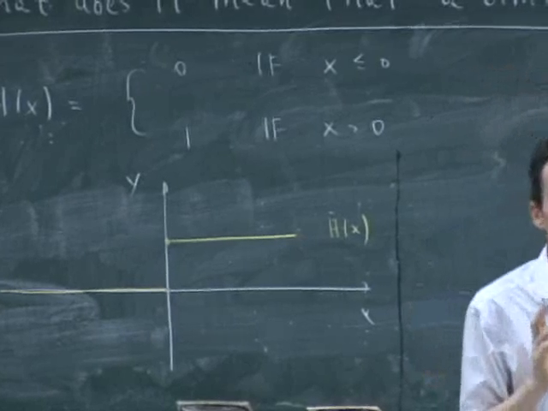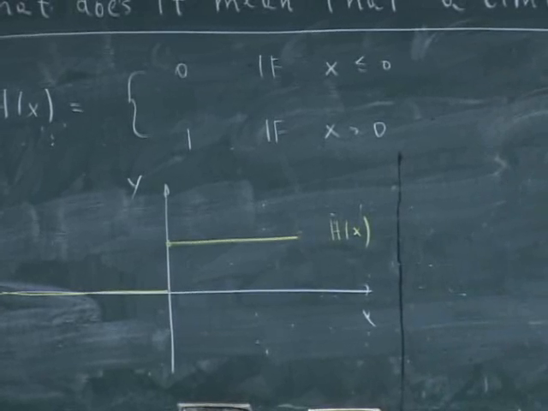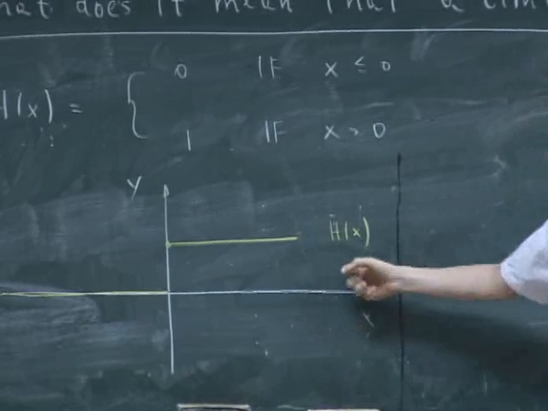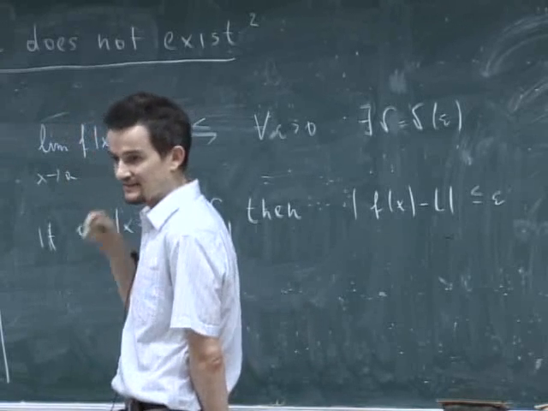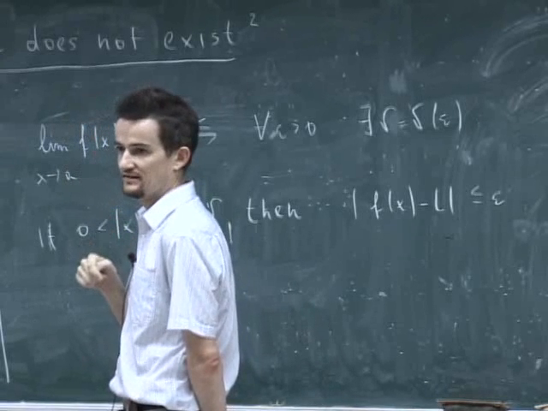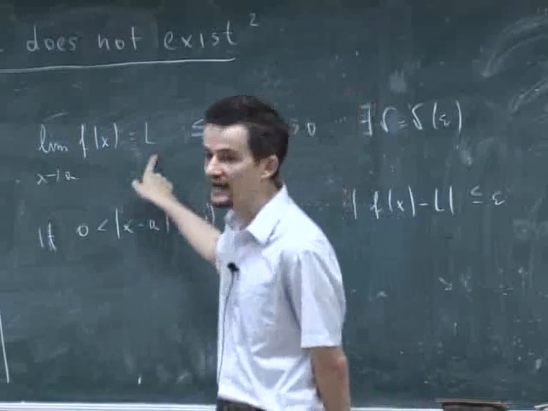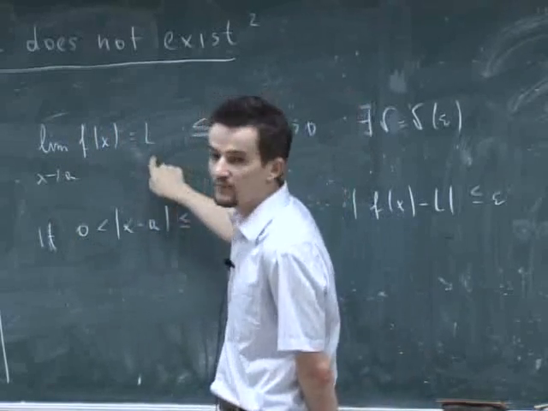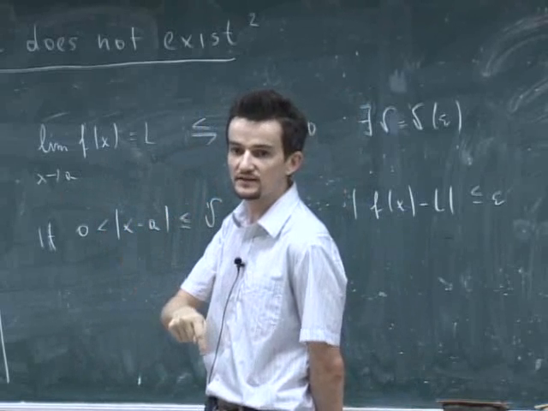Actually, this is more complicated in some sense than proving that the limit exists. Because if you want to prove that the limit does not exist, you have to show that for all L, this specific L is not the limit. Okay? This is already one problem. You have to do it for all L. You have to show that for every number, no matter how you choose the number, this will not be the limit.